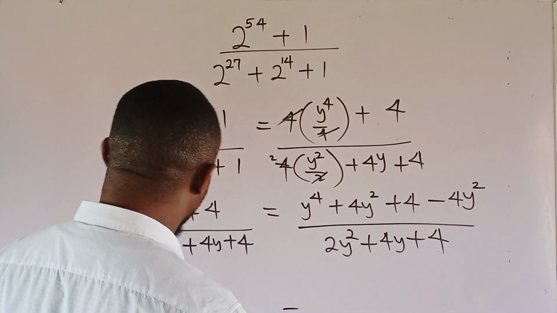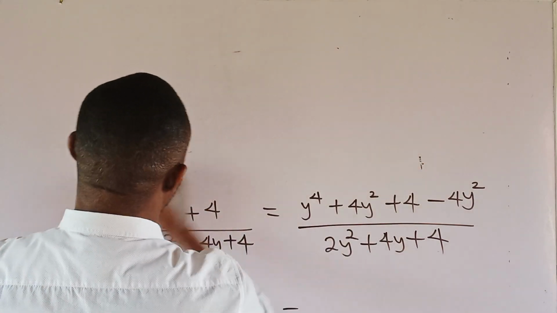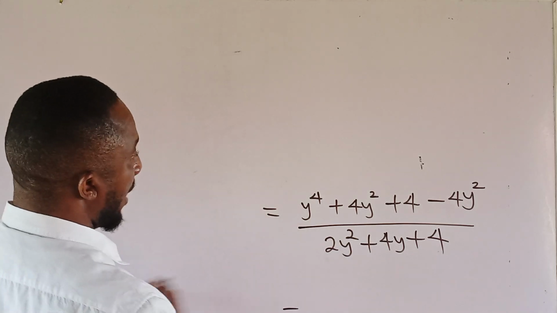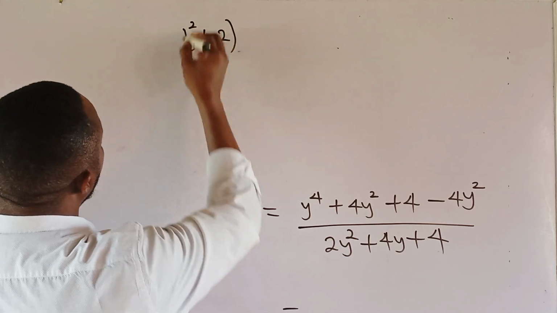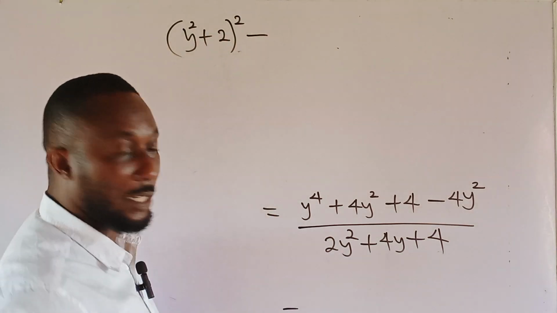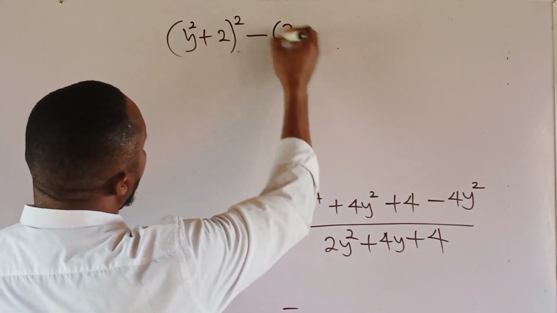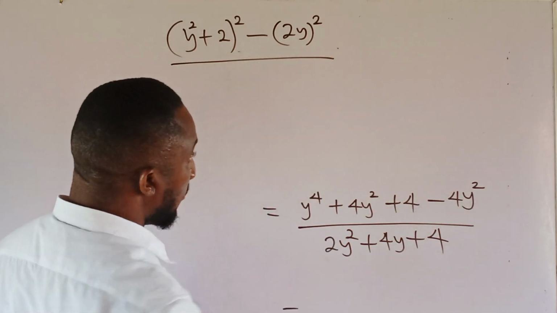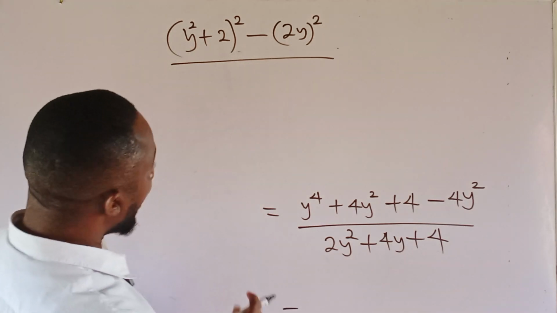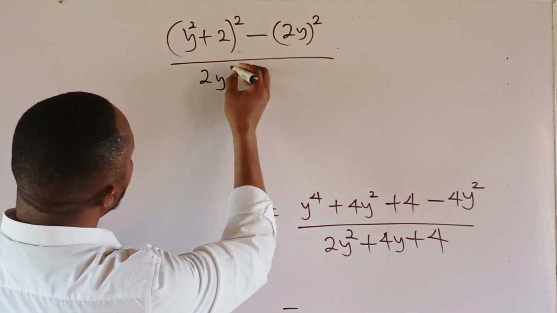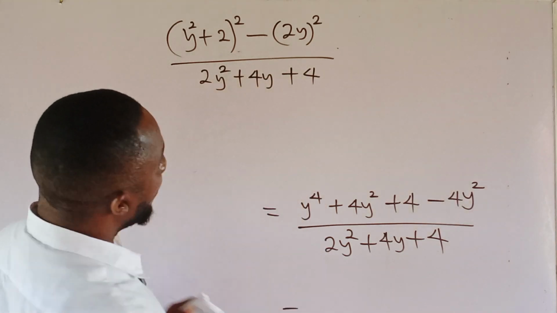So I can factorize the numerator as y squared plus 2 whole squared minus 2y whole squared, all upon 2y squared plus 4y plus 4.